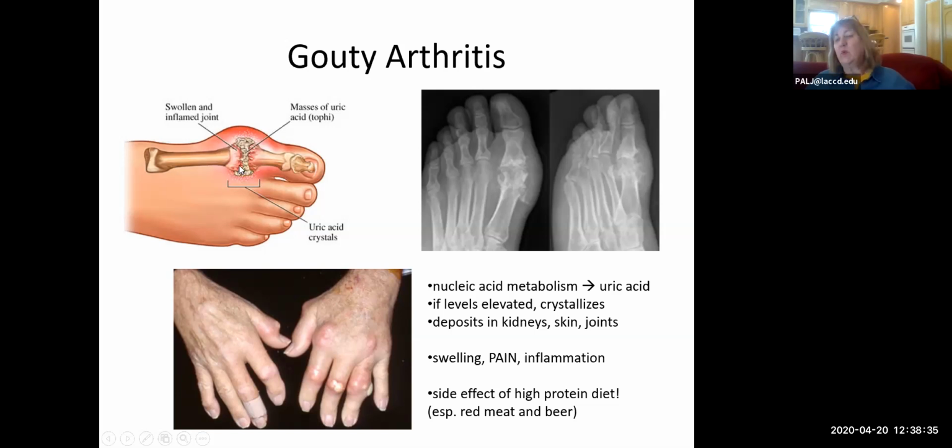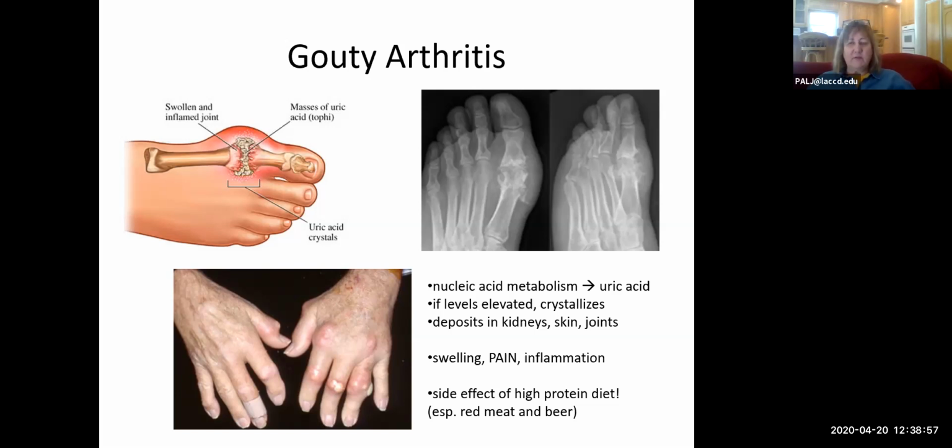And so this brings people in saying, my big toe hurts, I didn't stub it, I tried new shoes and it still hurts. Pain is the biggie here. Now the reason I want to talk about gouty arthritis is because high uric acid levels are a side effect of a high protein diet.